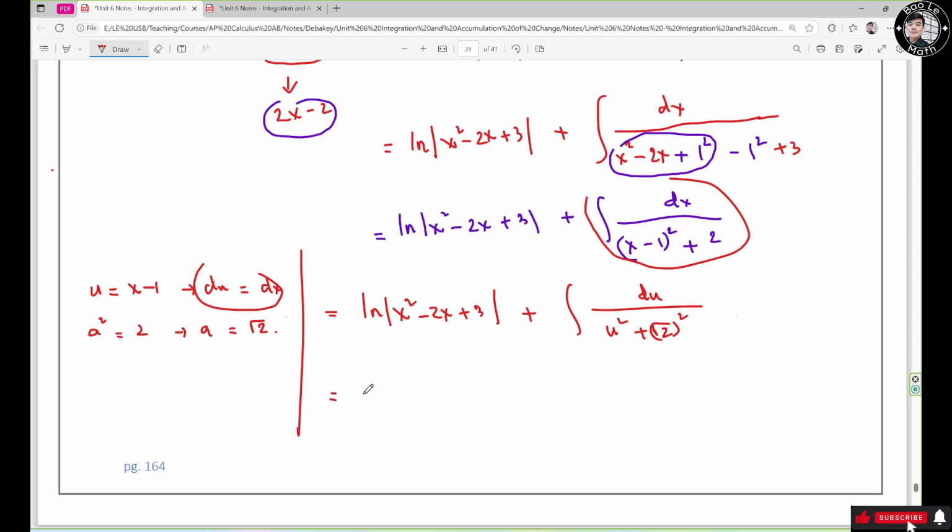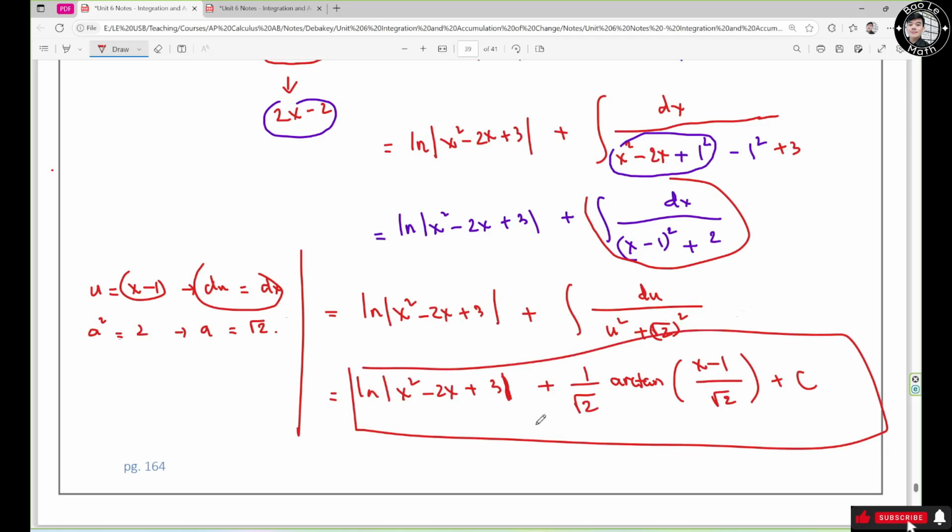And then this guy becomes natural log of absolute value of s squared minus 2s plus 3 plus 1 over square root of 2 times arctangent of u over square root of 2, but u equals s minus 1, so it's s minus 1 over square root of 2, plus C. This one is the final answer.